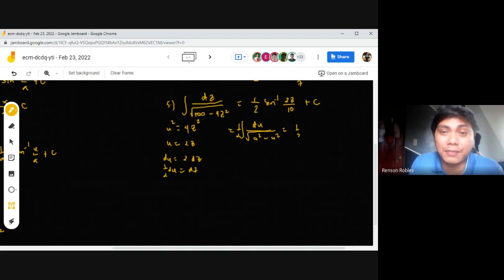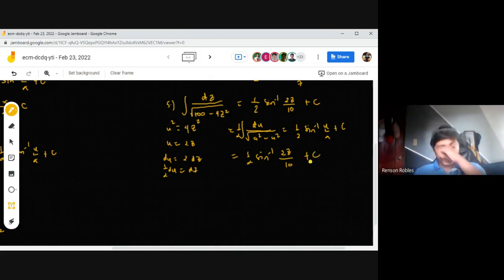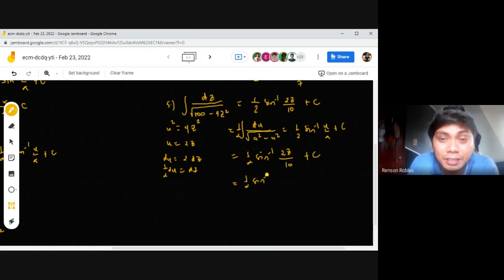So that's 1/2 arc sine u over a plus c, and that would be 1/2 arc sine u, that's 2z, over a, that would be 10 plus c. And then getting the lowest term. So you have 1/2 arc sine z, 2 over 10, so that's 1 over 5. Plus c. All right?